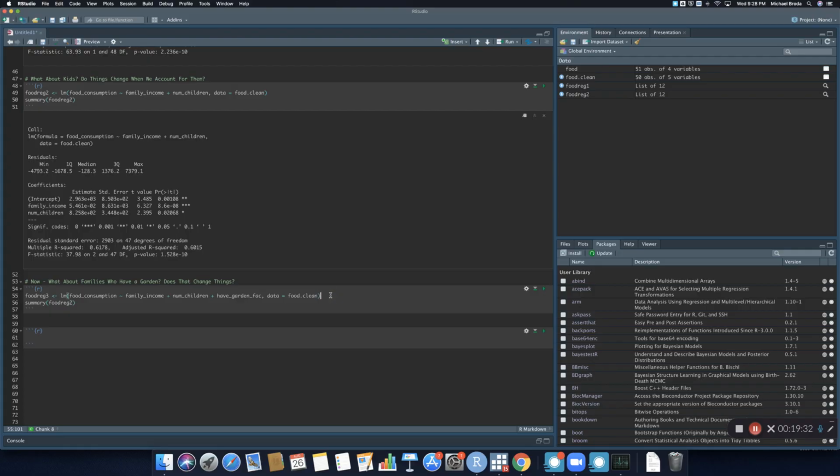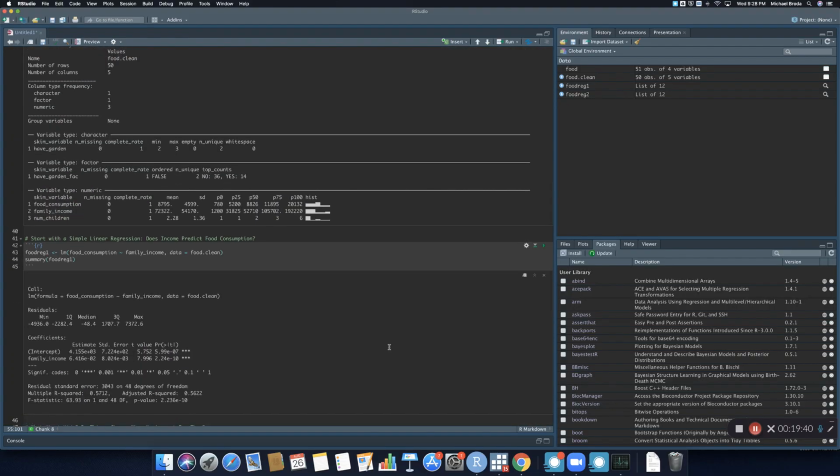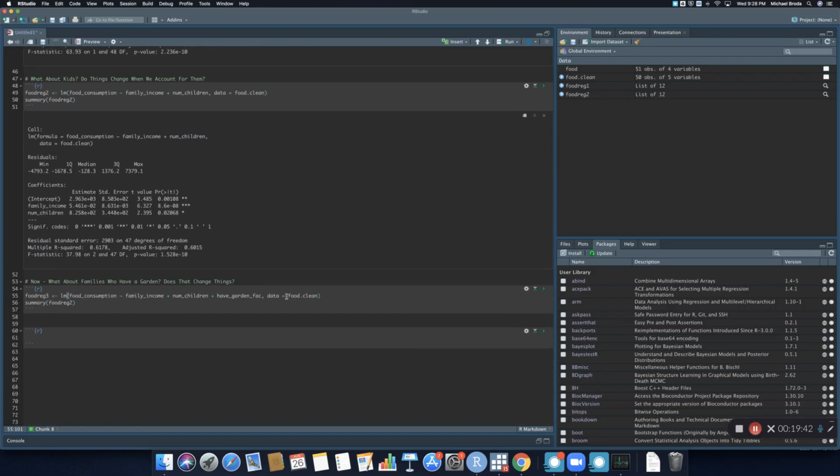And the cool thing about R is R already knows that this is a factor variable because I coded it like that up above. So it's going to handle it really smoothly and easily in the model with no trouble. I don't have to note anything in the formula. It already knows what kind of variable is there. And then I just want to ask for a summary of food reg 3. So let's see.